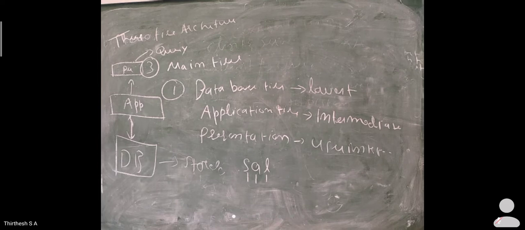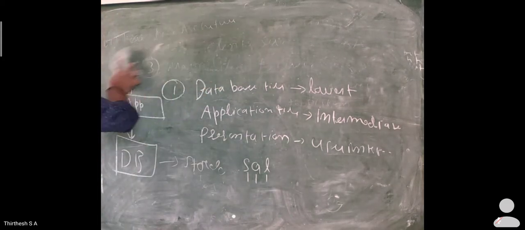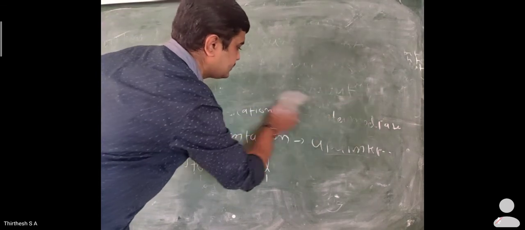The presentation layer is not bothered how the data are accessed, but using it, the user requests for these queries or that service. This is about the architecture. Understood? Did you understand the 3 tier architectures? Level 1, level 2 and level 3 architectures.